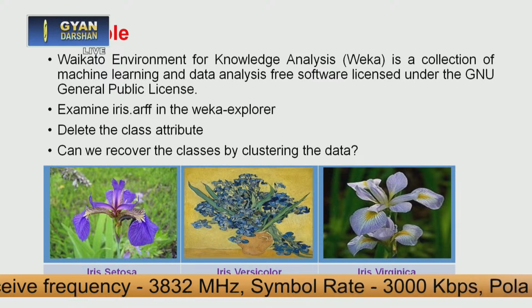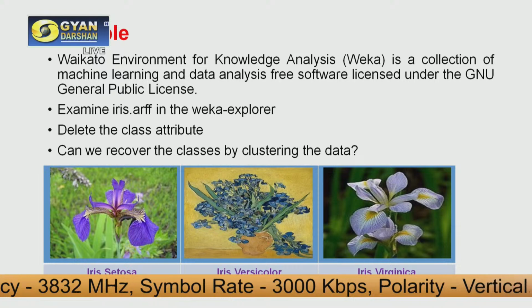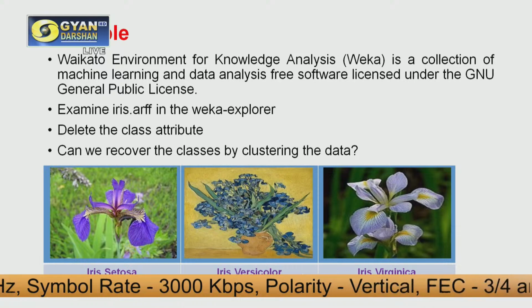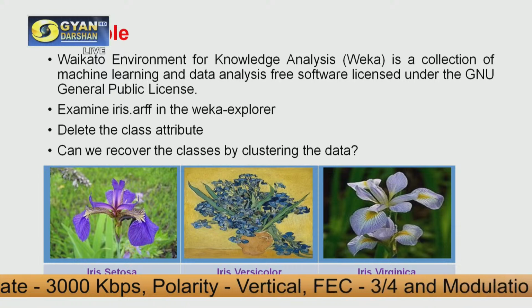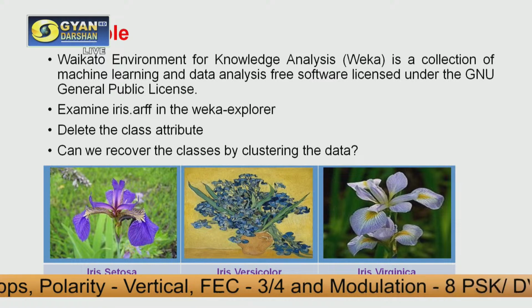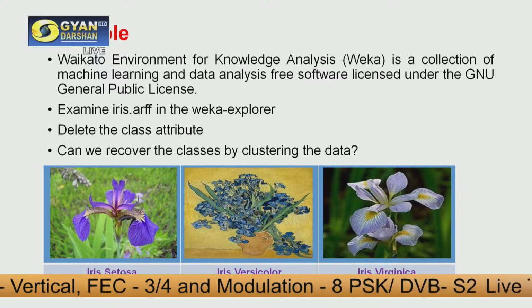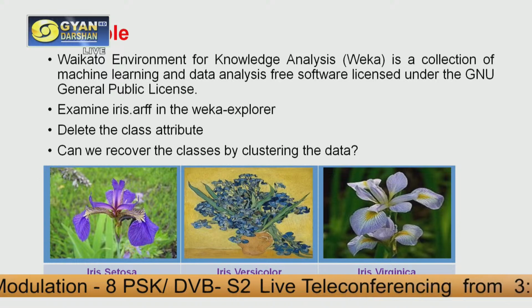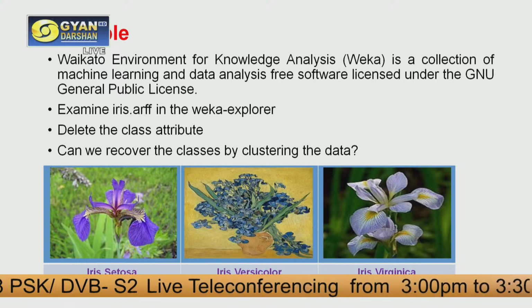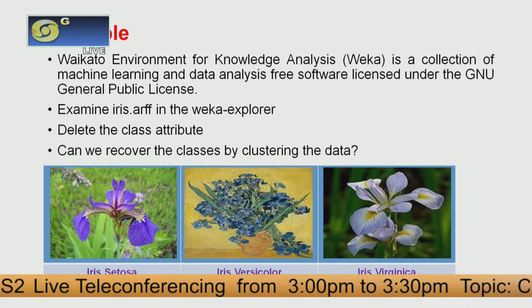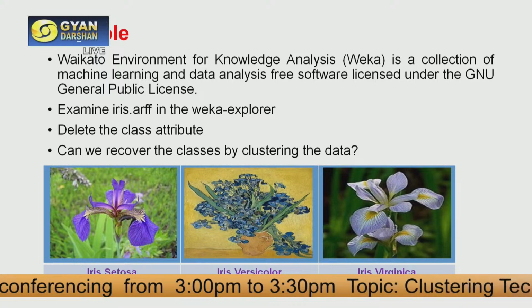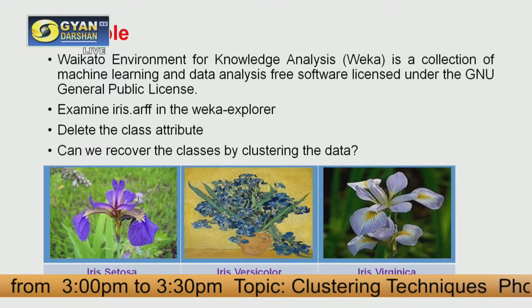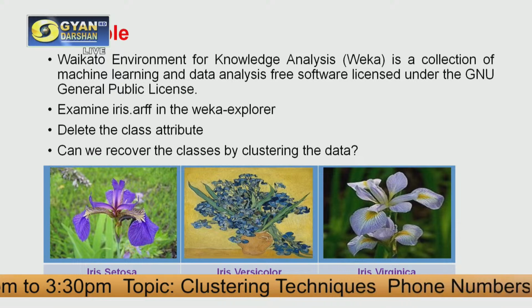The iris is a kind of flower found in New Zealand. If you look at the Weka data set, the iris data set has 150 records. Out of these, there are 50 records of iris setosa, another 50 of iris versicolor, and another 50 of iris virginica.